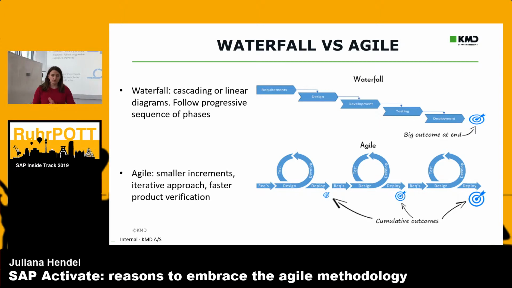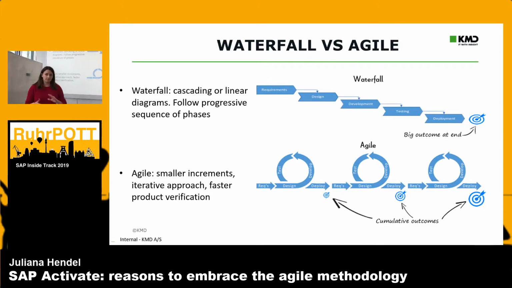With the waterfall approach, you would have not so much end user involvement, and you will have quality control and testing executed largely at the end of the project, which makes it very hard to track or measure project success.